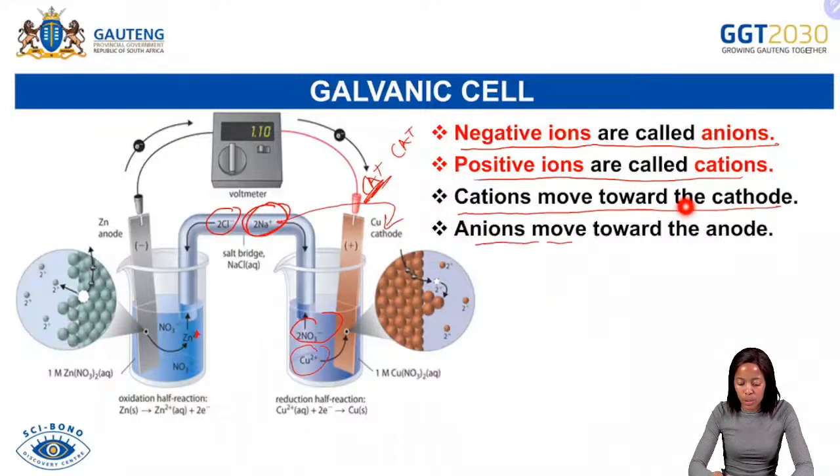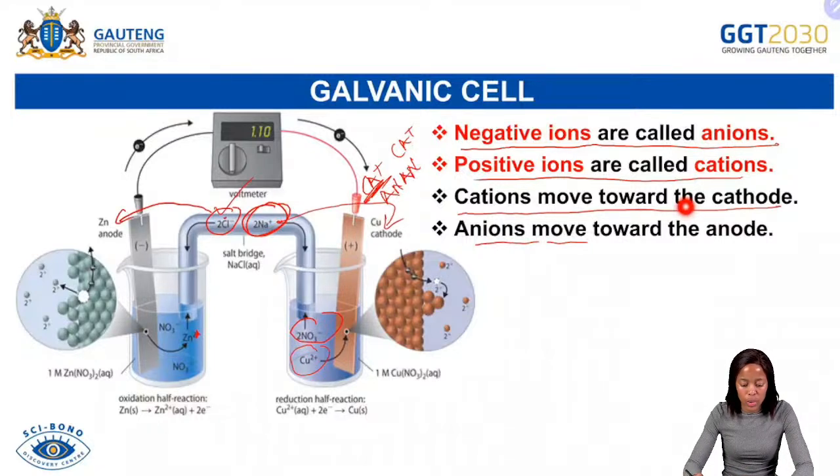Then in terms of the anions, they are negative. So again, it's what? It's An-an, anion, anode. So what are we saying? We are saying that the anions which are negatively charged, where are they going to move to? They are going to move to the anode.